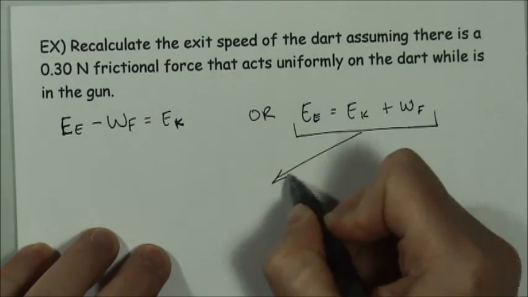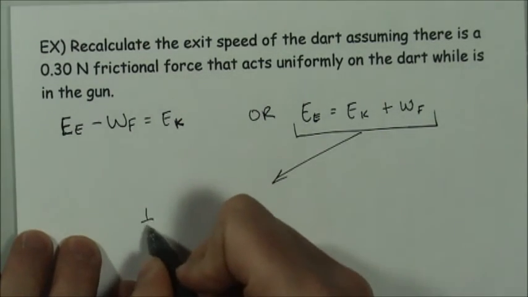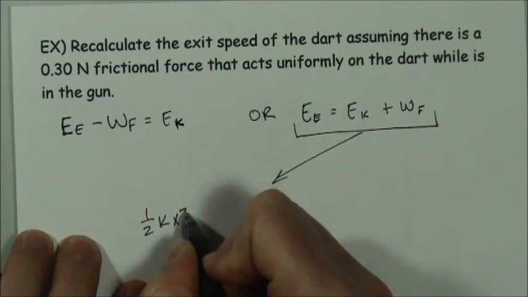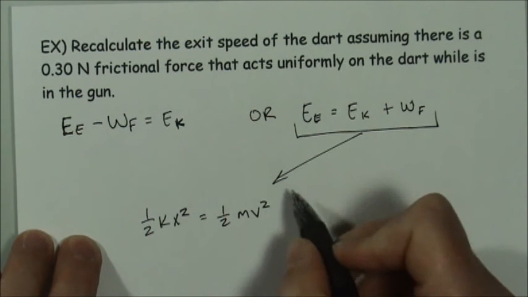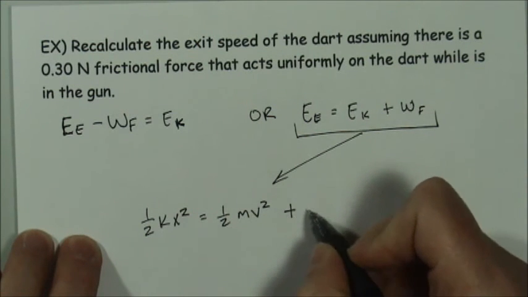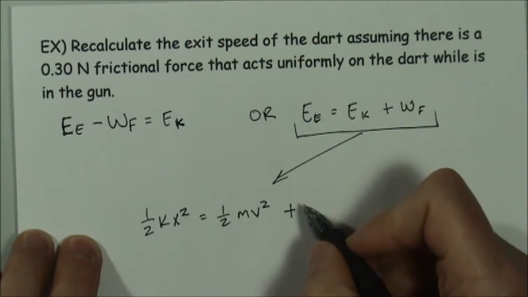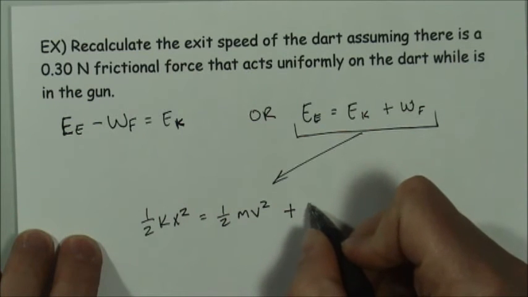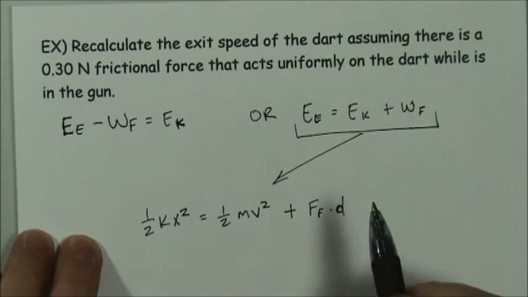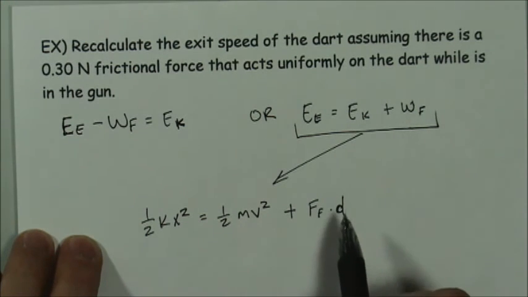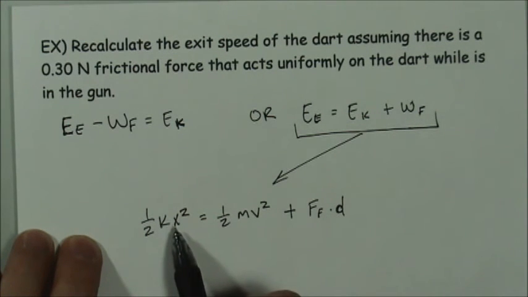So I'm going to go ahead and just use this formula, and that says 1/2 kx squared is equal to 1/2 mv squared plus, and you can see the two equations are exactly the same equation, plus f times d. Now in this case, the d is exactly the same d here as it is over here.